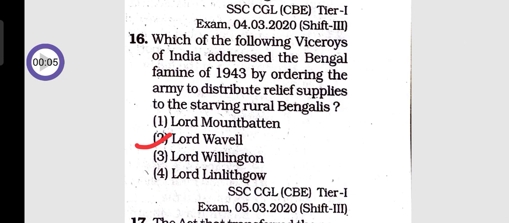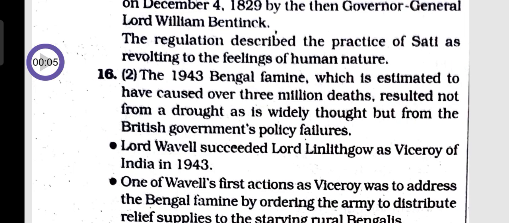So, the 1943 Bengal famine, which is estimated to have caused over 3 million deaths, resulted not from a drought as is widely thought but from the British government's policy failures. Lord Wavell succeeded Lord Lithgow as Viceroy of India in 1943.